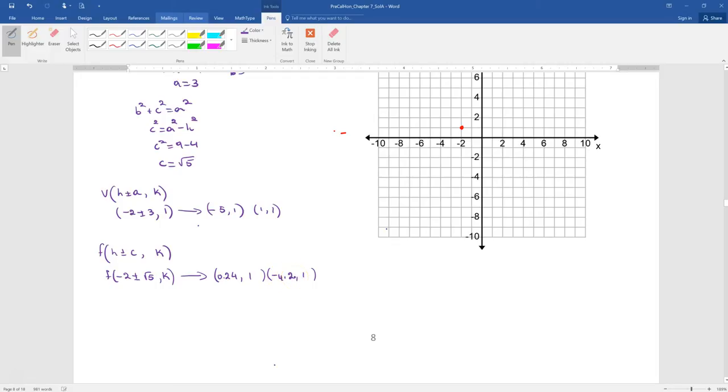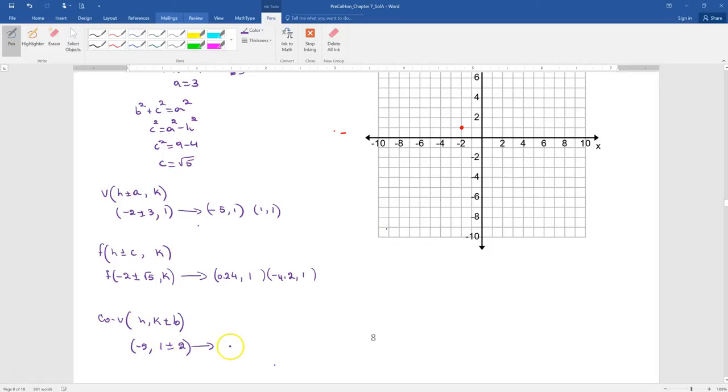All right. And then now we have the covertices. The covertices are on the opposite axis. So it's going to be h, comma, k plus or minus which variable? B. So h, comma, 1 plus or minus, what was b? 2.